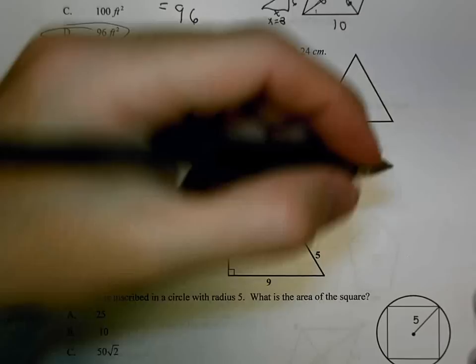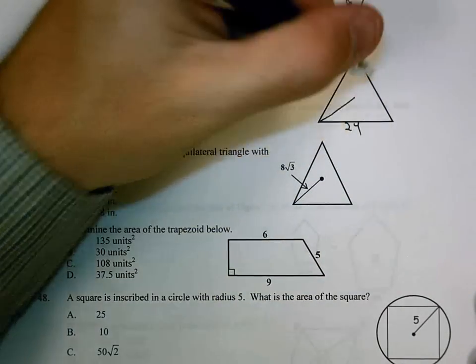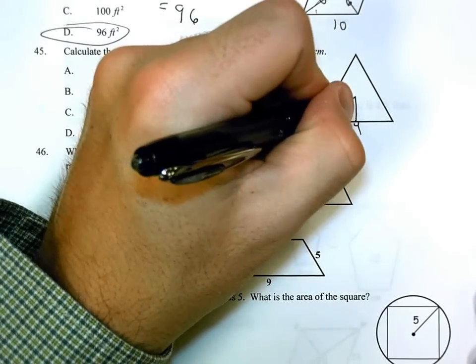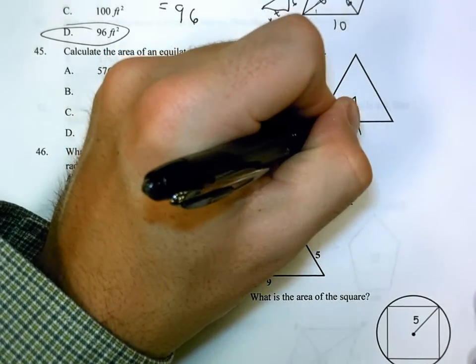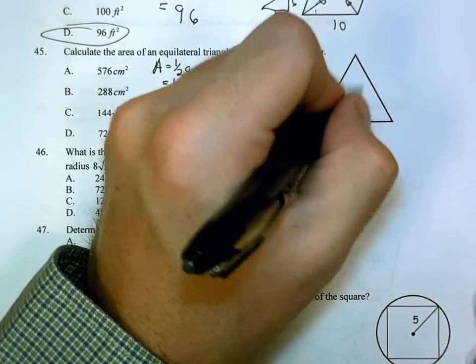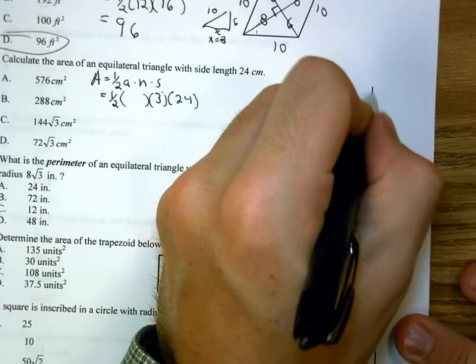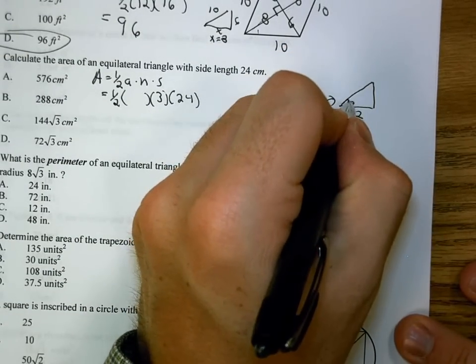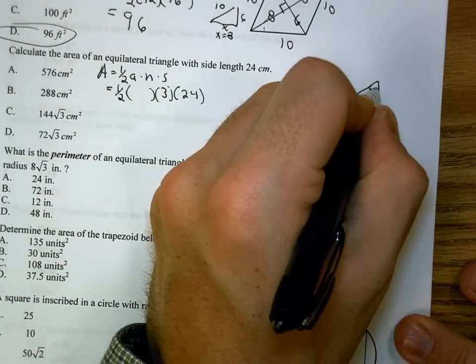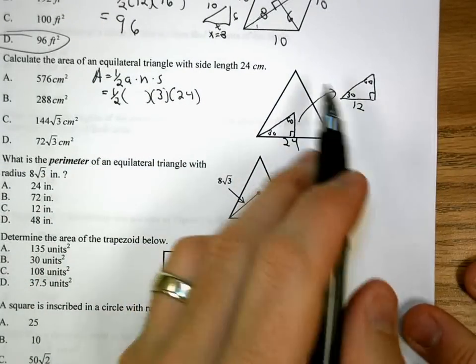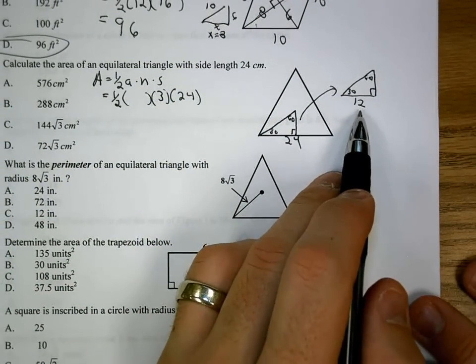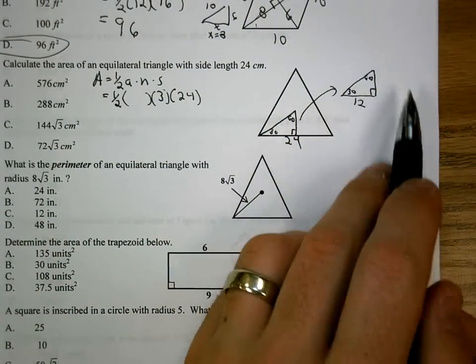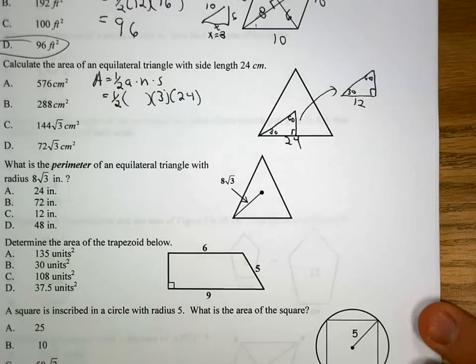Now, we could take this triangle out here, and it is a 60, 30, 90. Let's draw it over here. And when I do that, I cut that 24 in half because it's just 12. Now, I want to find the shorter leg. In order to find the shorter leg, I'm going to divide by root 3.